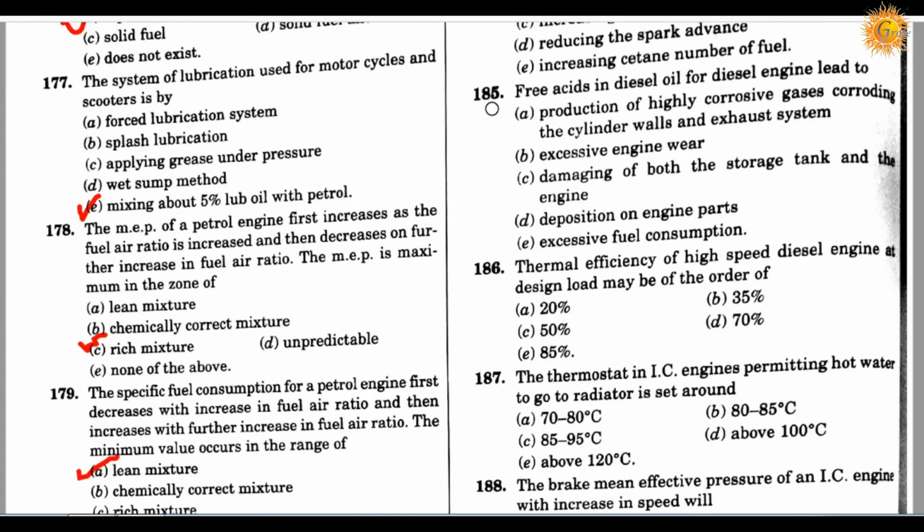Question number 185. Free acids in diesel oil for a diesel engine lead to: option A, production of highly corrosive gases corroding the cylinder walls and exhaust system; option B, excessive engine wear; option C, damaging of both the storage tank and the engine; option D, deposition on engine parts; option E, excessive fuel consumption.